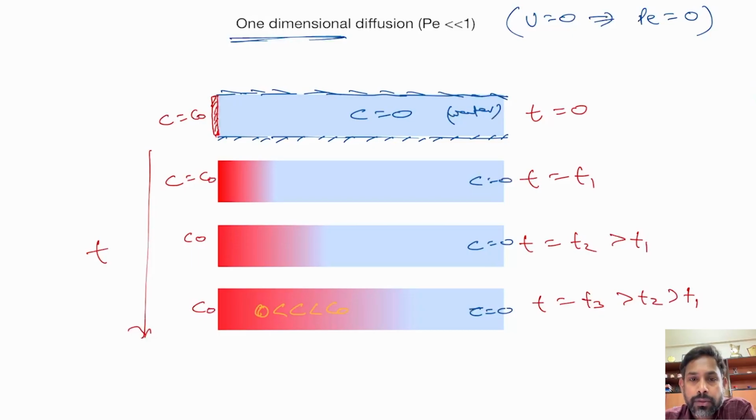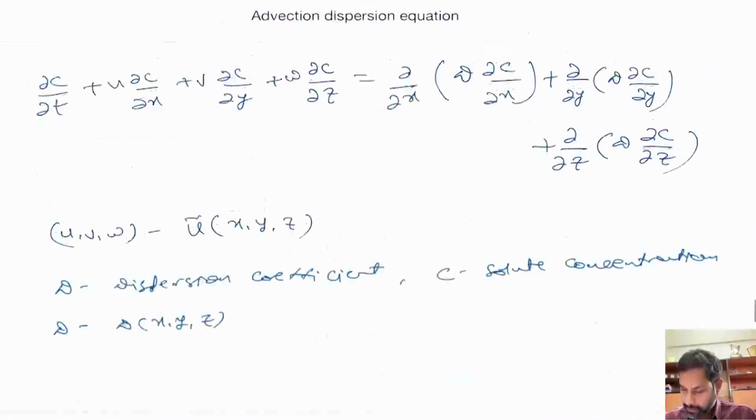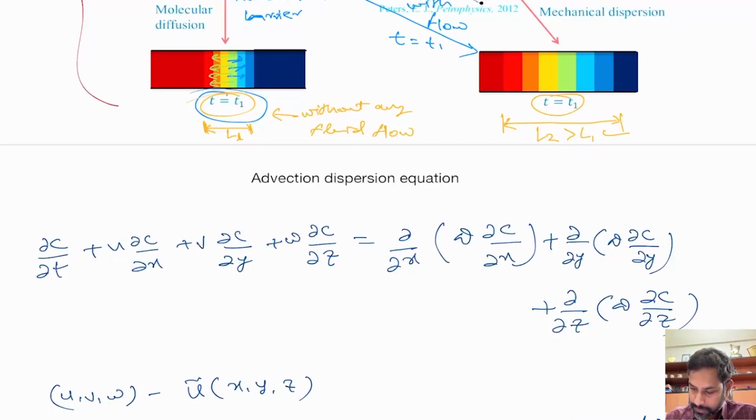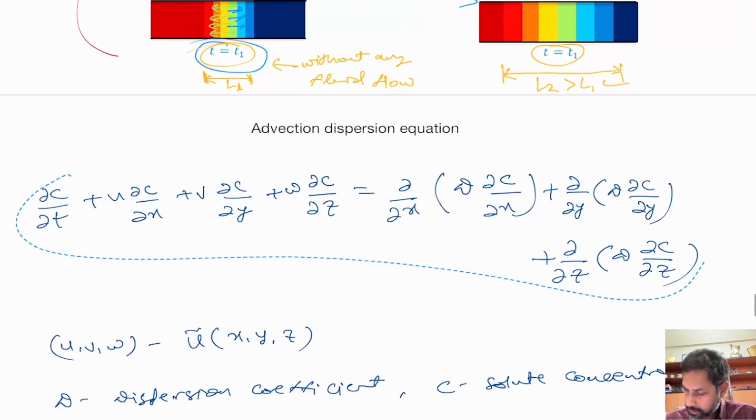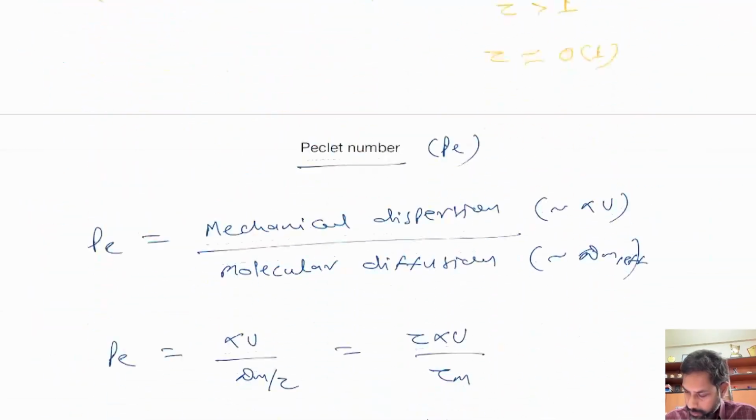All right. So now let's try to find out how this mixing happens, what is the length scale, what is the time scale of this mixing. And to be able to model this, we will use the advection dispersion equation that we have already considered before. So we will use this equation.